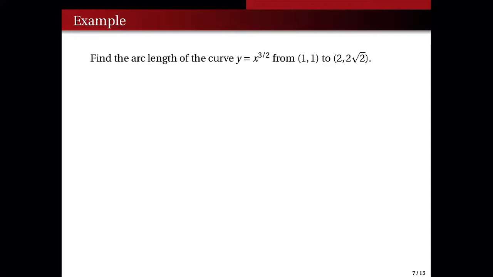So in here, we have the point (1, 1) up to the point (2, 2 square root of 2). We have the function y equals x raised to 3 halves. If we combine this, it means that our x will be from 1 up to 2.